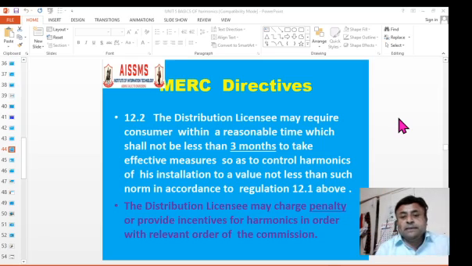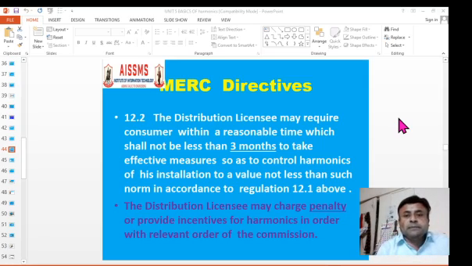On this hearing, MERC has given directives that the consumers should have power quality meters, that is PQ meters. And when these PQ meters are installed, the performance of harmonic distortion will be observed, and then it will be decided what penal charges should be levied on the customer.